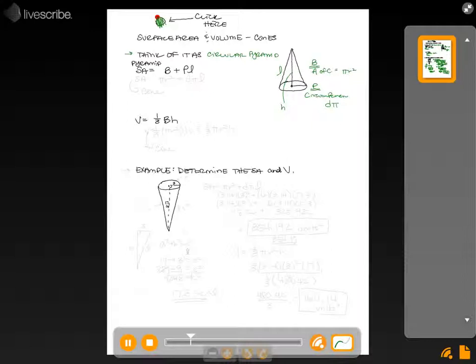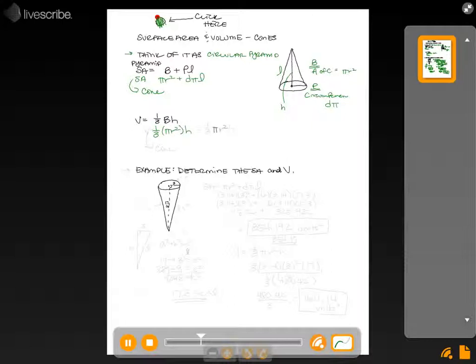So for surface area, B, we said that's pi r squared, plus P, d pi, and then the slant height, L. So there's your surface area for a cone: pi r squared plus d pi L. For volume, the 1/3 doesn't change, it's not a variable, but the base is pi r squared, and then we have the height.